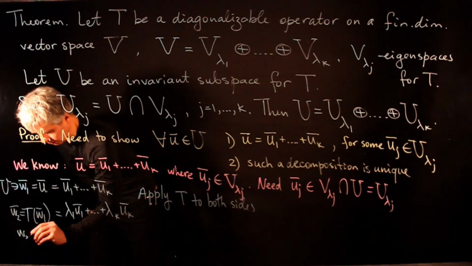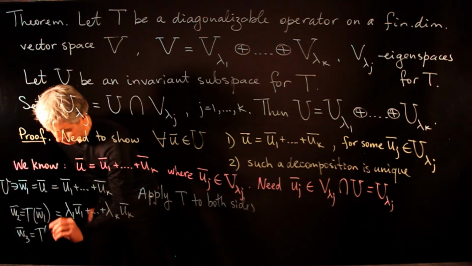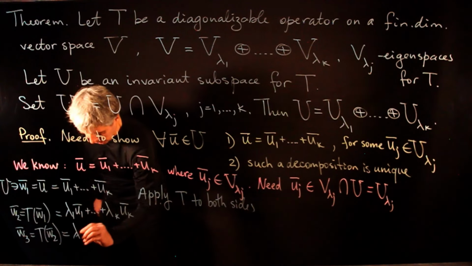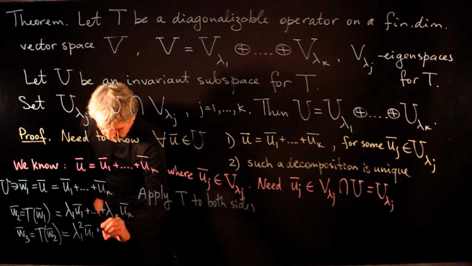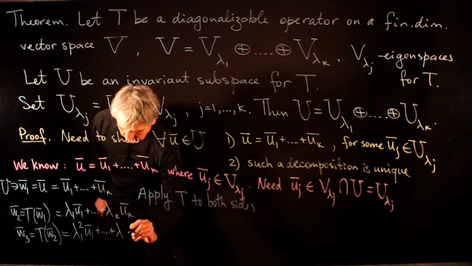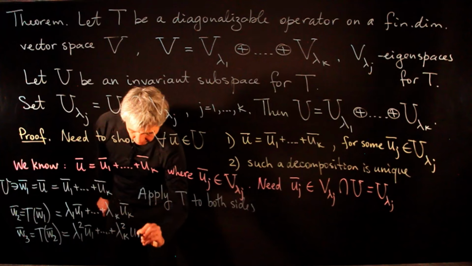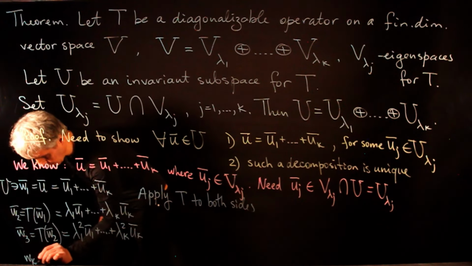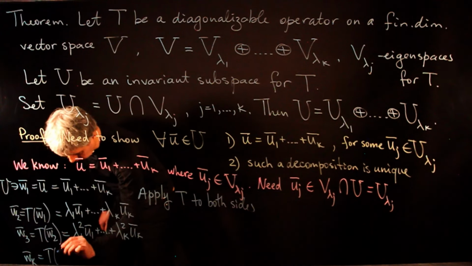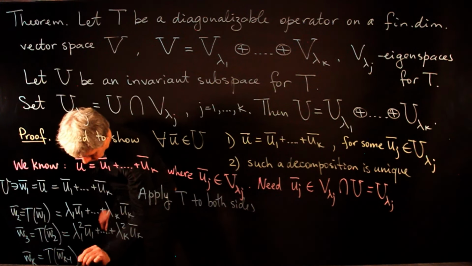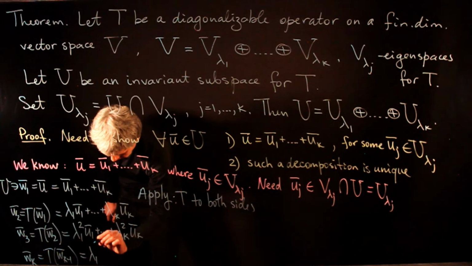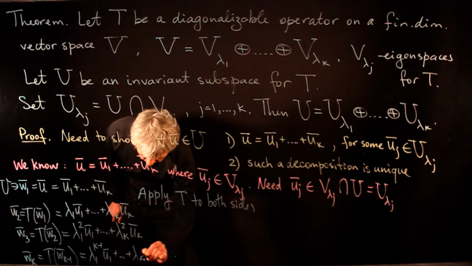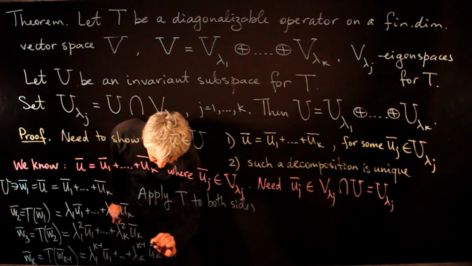Let's denote by w3 the vector T of w2. And the result on the right will be lambda 1 squared u1 plus ... plus lambda k squared uk. And let's repeat this until we come to the vector wk, which is T of w(k-1), and which will be lambda 1 to the k minus 1 u1 plus ... plus lambda k to the k minus 1 uk.